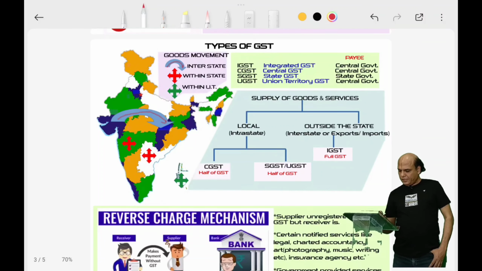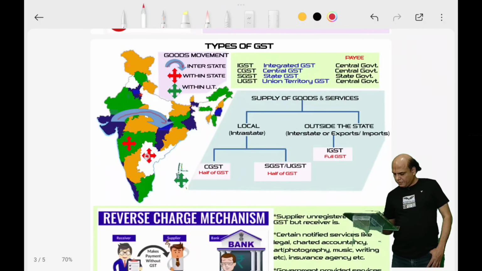What I mean to say is the products are moving from this state to here. Now if you see this red four-way arrow, these goods are moving within Andhra Pradesh here.